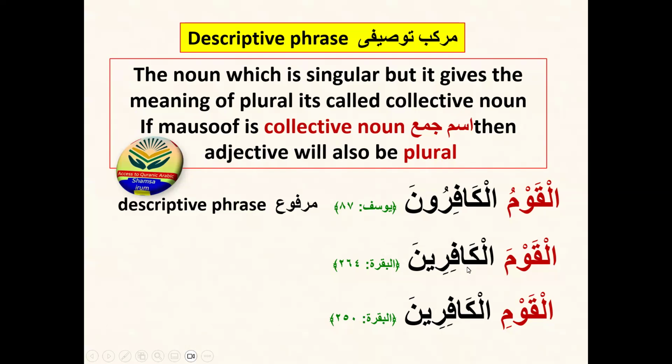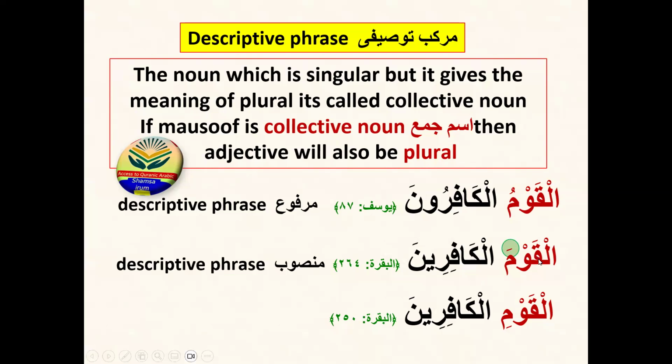If I ask you this question, what will your answer be? I hope you will say that you will check the mawsoof. If the mawsoof is mansoob, then al-kafirina is mansoob. If the mawsoof is majroor, then al-kafirina is majroor. How simple it is. So al-qawma in this one is mansoob, and al-kafirina is mansoob here.